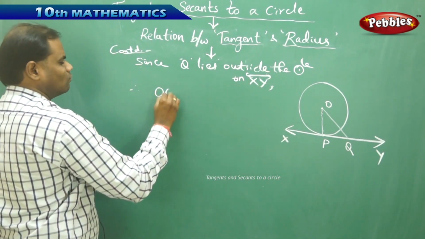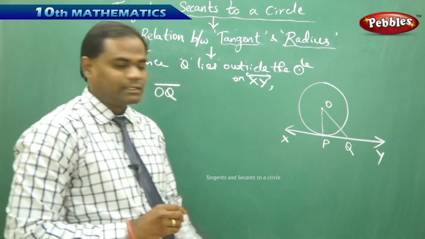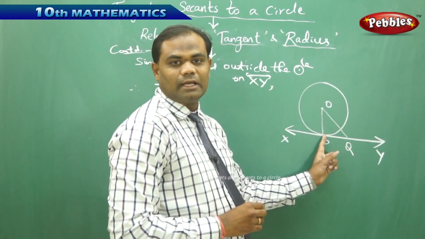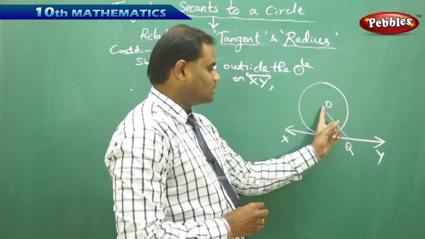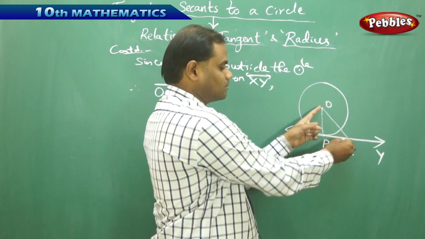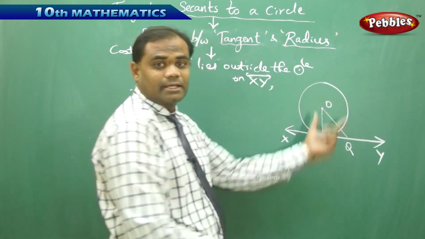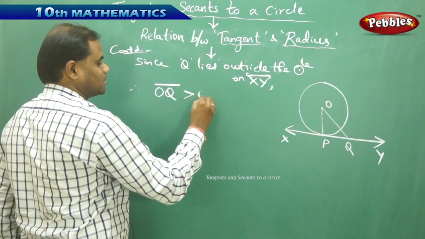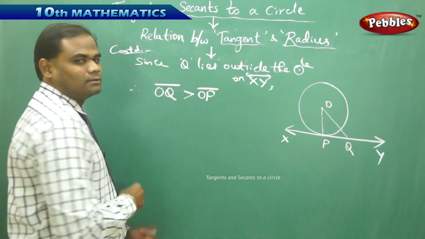Therefore OQ should be clearly greater than OP. As you can see here, P lies on the circle and Q lies outside, therefore this must be a greater line segment than this, as can be seen through the diagram. This is greater than OP.